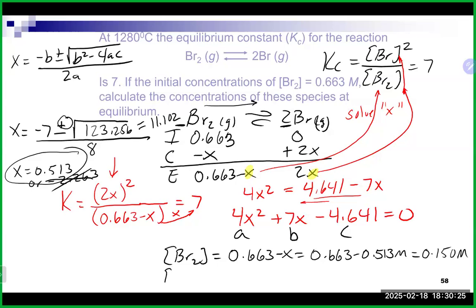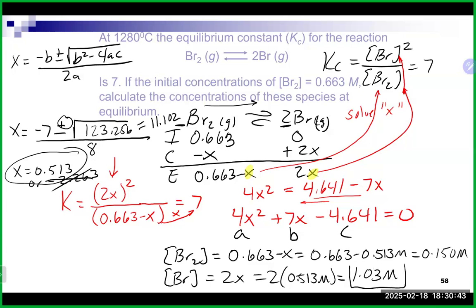We will do it there for our Br, and that is equal to 2 times x, which is 2 times 0.513. It's going to be 1.026 or 1.03 if you like to round a little bit. And these should be our equilibrium concentrations in this case, yeah. First off, any questions on that there?